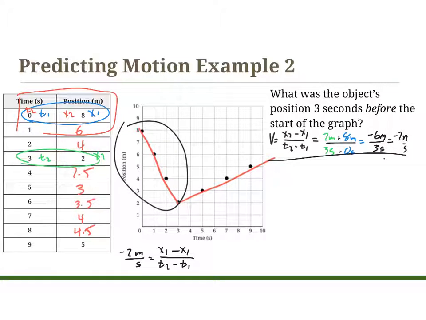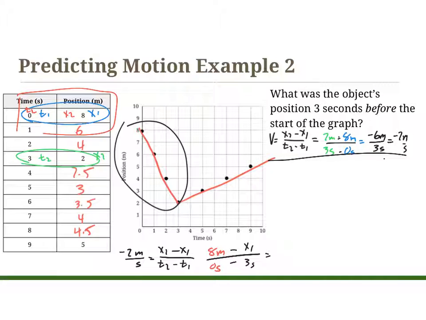So x2 is 8 meters at 0 seconds, and I'm trying to figure out where the object's location is prior to the start of the graph. So I'm looking for x1 at 3 seconds.